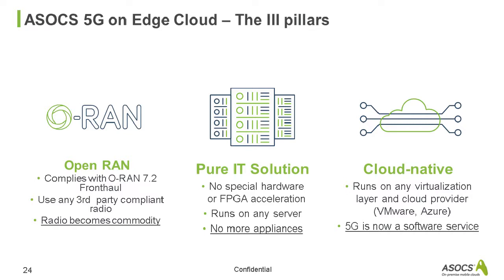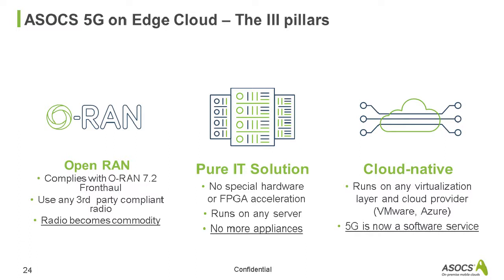Just a little bit about what makes ASOC-driven 5G private networks unique. We strongly rely on the Open RAN initiatives, and what it does in practice is it enables any third-party radio vendors to be connected to the platform.